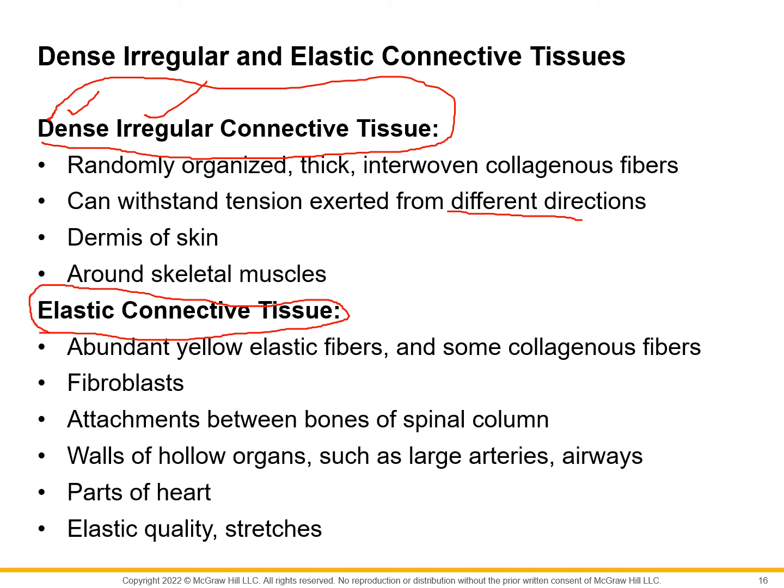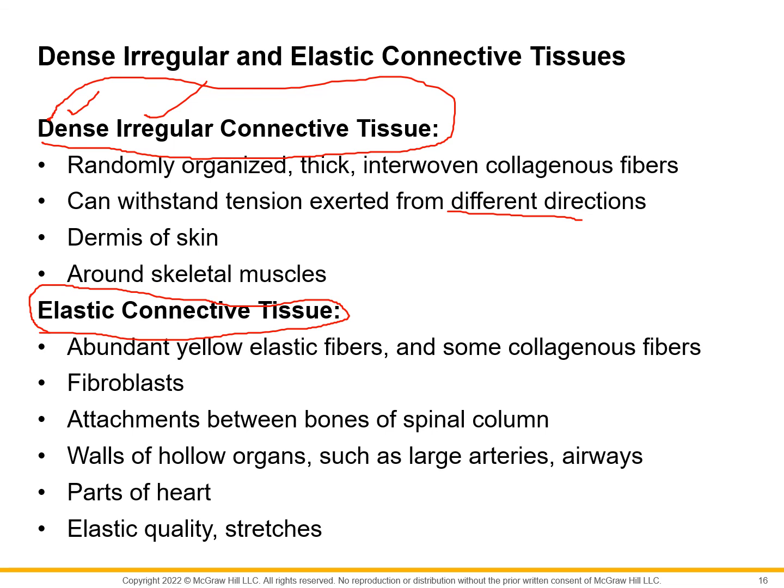And so instead of being as strong as possible in one direction and giving up strength in multiple other directions, if the fibers are aligned in this irregular fashion, it makes it strong in all directions. There's not going to be one single direction where it is as strong as the dense regular, but because they're all over the place, they are stronger in every direction. And again, I hope that makes sense.